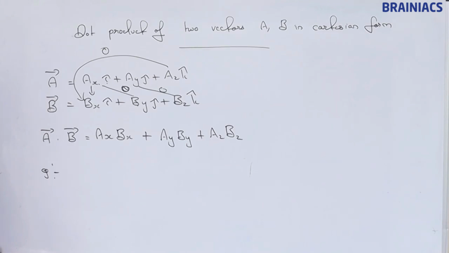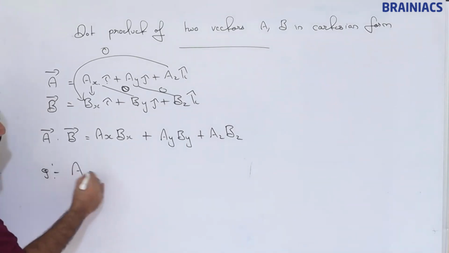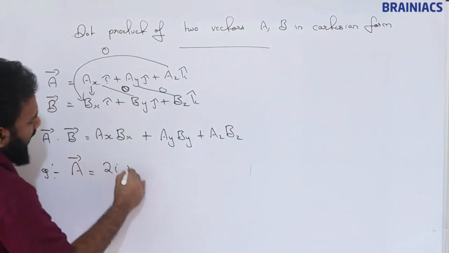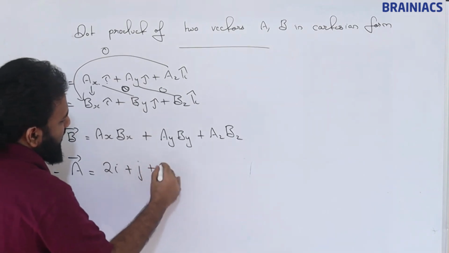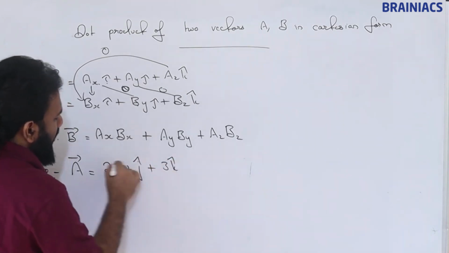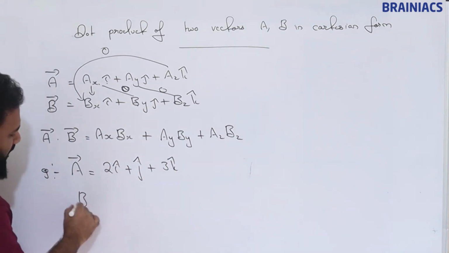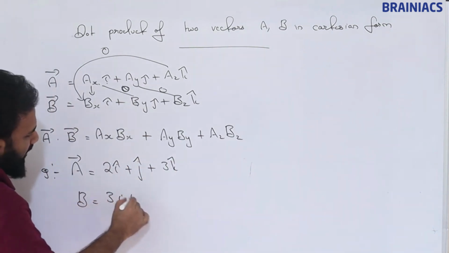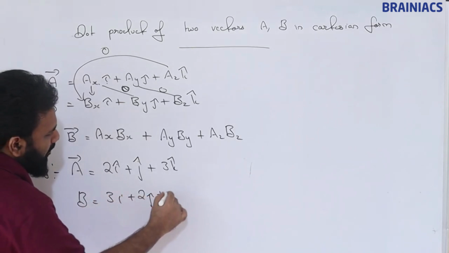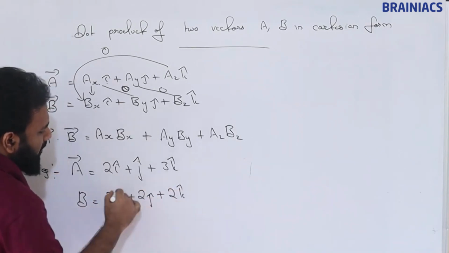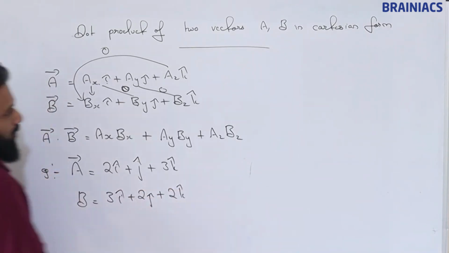Okay, suppose if we take one example. Suppose vector a is 2i plus j plus 3k. Okay, and vector b is 3i plus 2j plus 2k. So this is vector a and vector b.